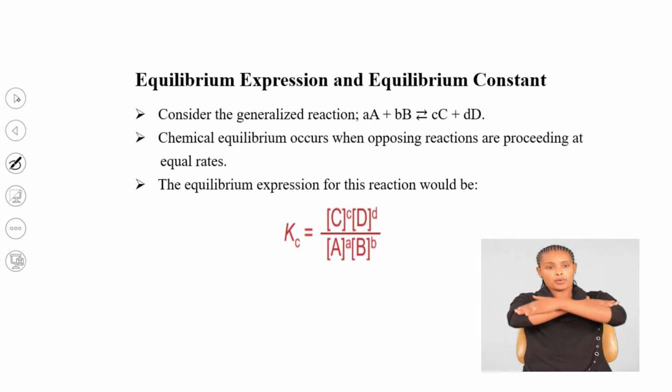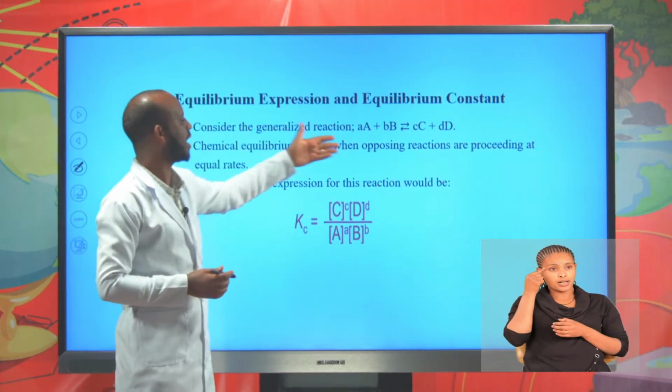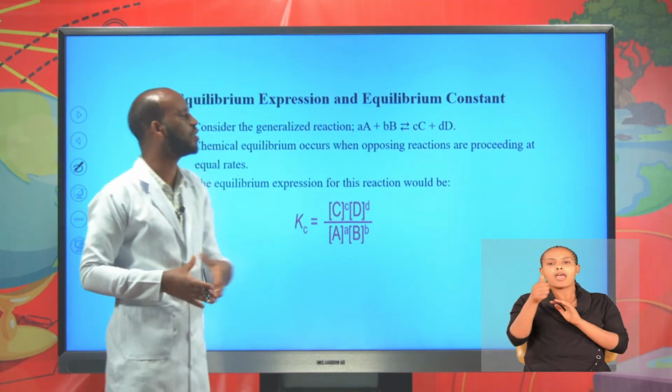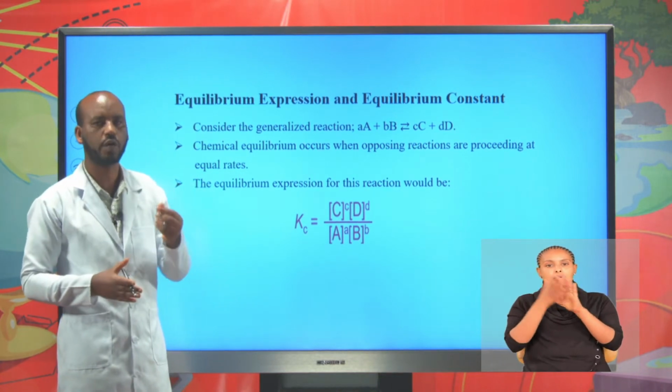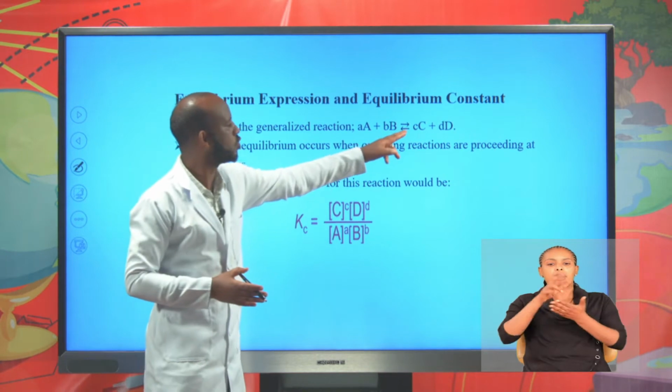Equilibrium expression and equilibrium constant. Consider the generalized reaction aA plus bB to form cC plus dD. This reaction is an equilibrium reaction because for an equilibrium reaction we use a double arrow.